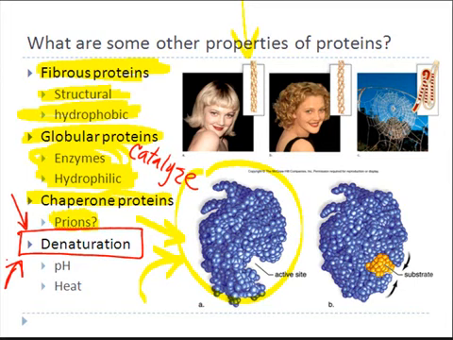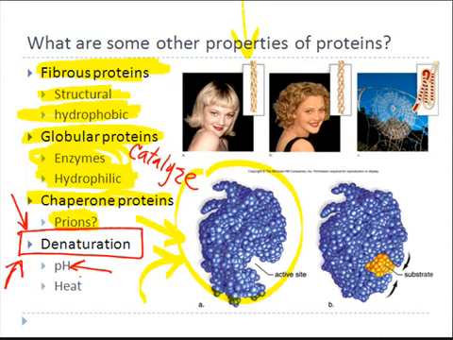Two ways in which we can denature proteins is by altering the pH at which an enzyme functions. Every enzyme has an optimal pH at which it functions best. Some enzymes function at very acidic pHs quite well. Other enzymes do not function well at an acidic pH.